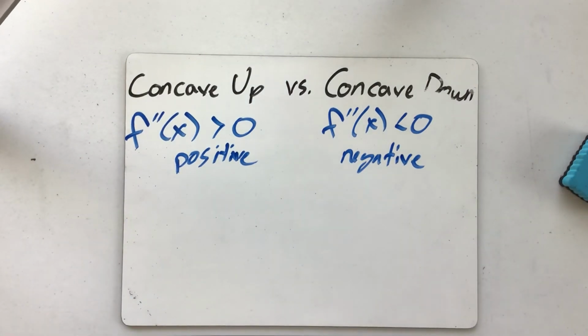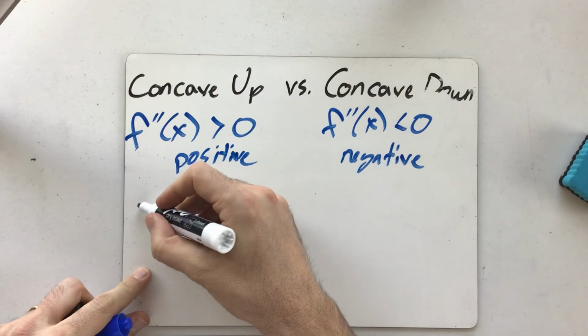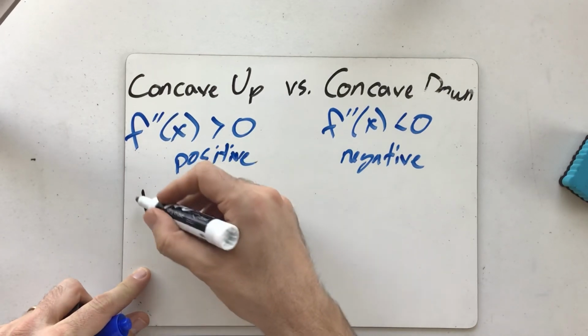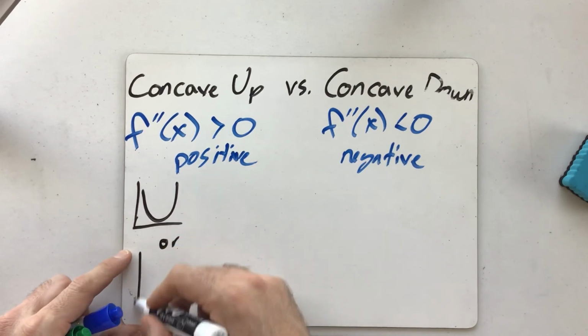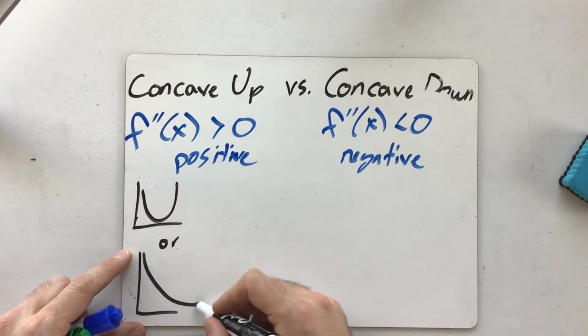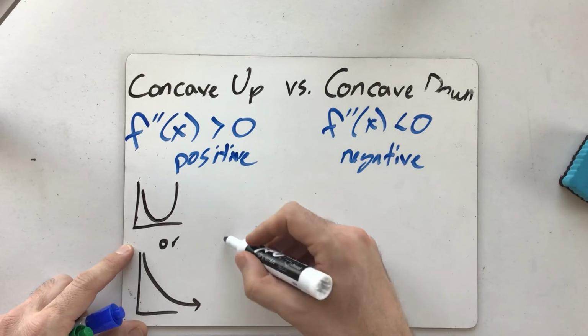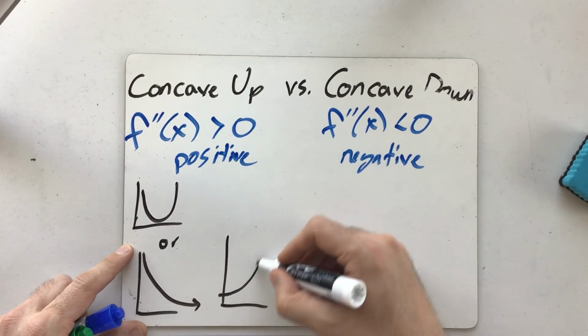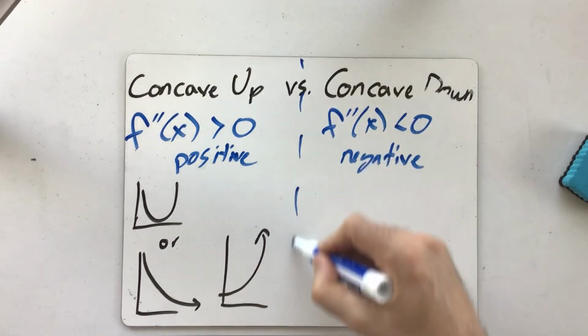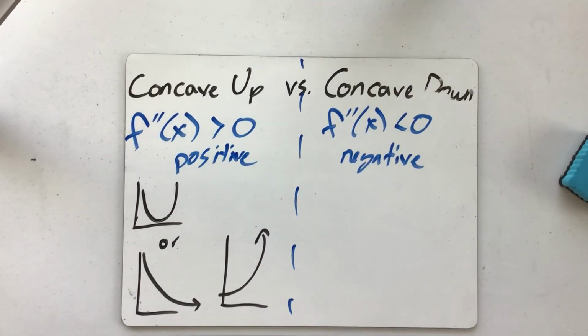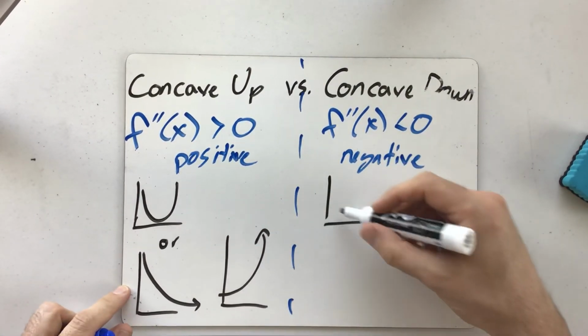If we want to think of this in terms of pictures, concave up is a picture where you have kind of a bowl type shape. Or you could have a bowl type shape that looks like this, or you could have a bowl type shape that looks like this. You could have just half of the bowl. But at any rate, it has kind of an upward facing bowl, versus concave down is what we get when we have a downward facing bowl.